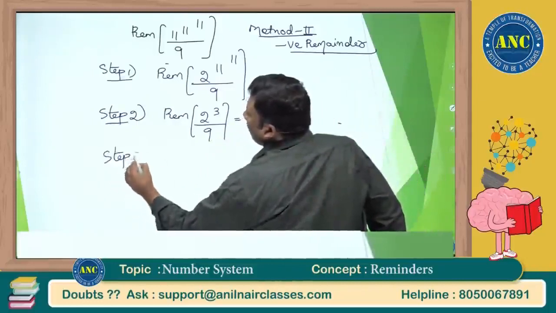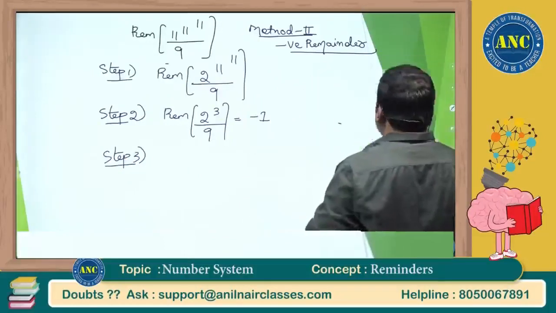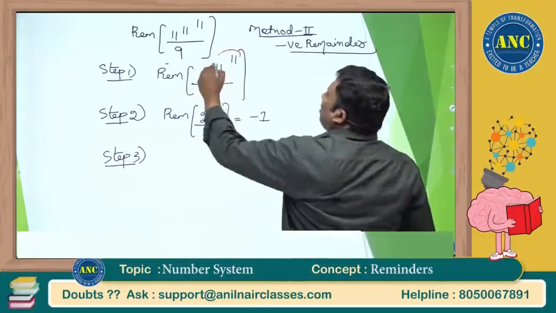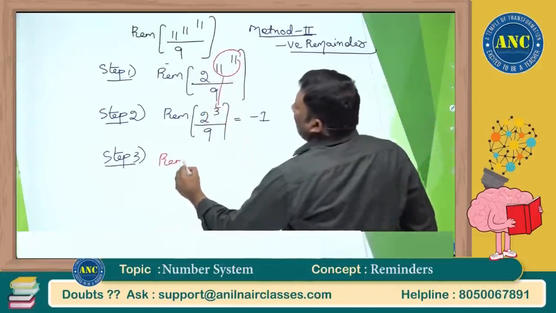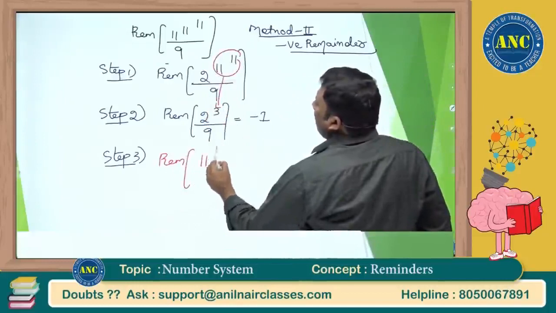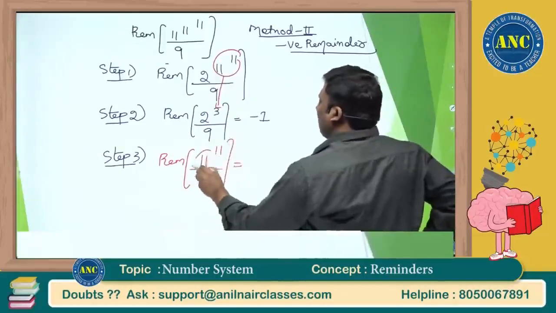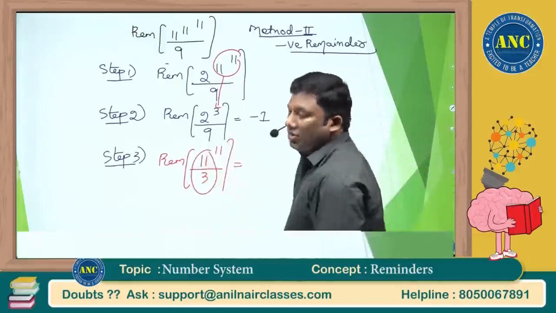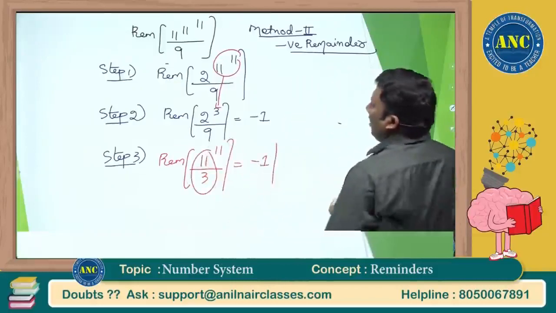Step number 3. Listen carefully, sir. Divide this power by this power. Let me see what will happen if I take minus 1. 11 power 11 divided by 3. 3 fours are 12, minus 1. Minus 1 power odd is minus 1.